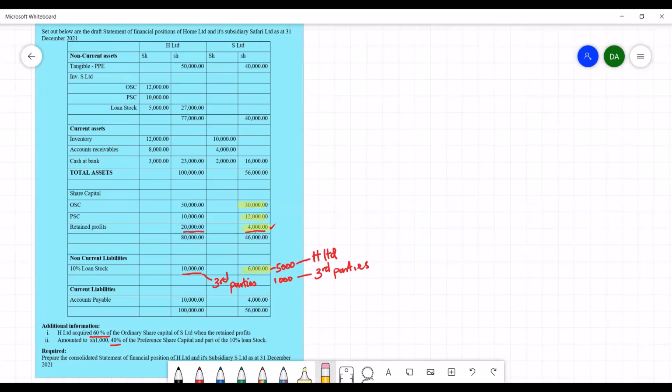Therefore, we are going to cancel an amount of 5,000 in the subsidiary loan stock with the 5,000 that H Limited invested as part of the loan stock in S Limited. Therefore, the loan stock that should be presented in the balance sheet should be determined as follows.